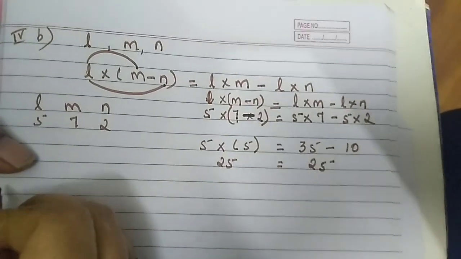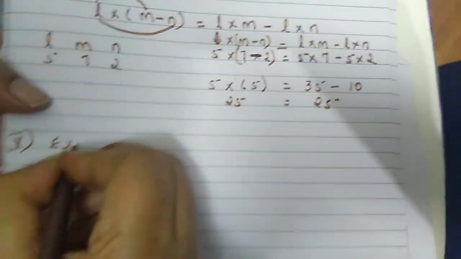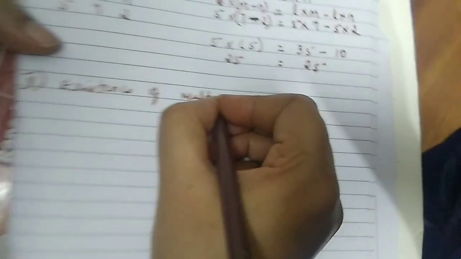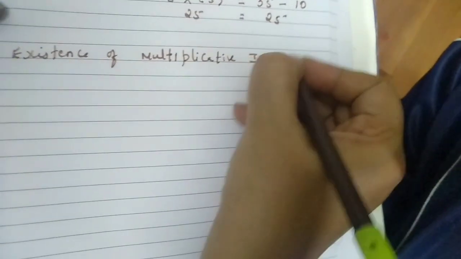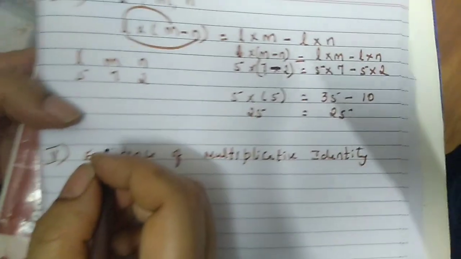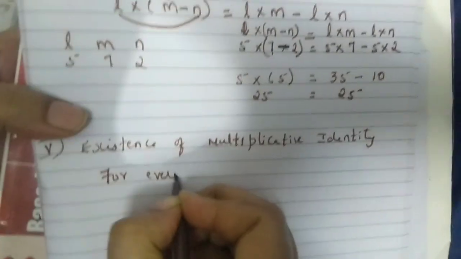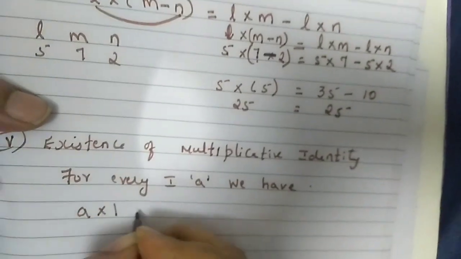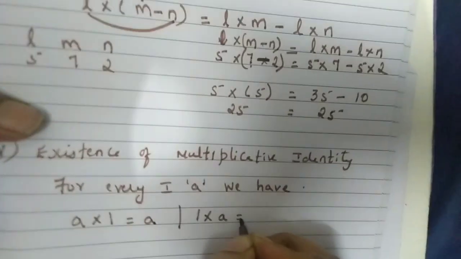Now let's go to the next one, which is the fifth one, the existence of multiplicative identity. Here for every integer a, a into 1 will give you a, or 1 into a also gives you a.